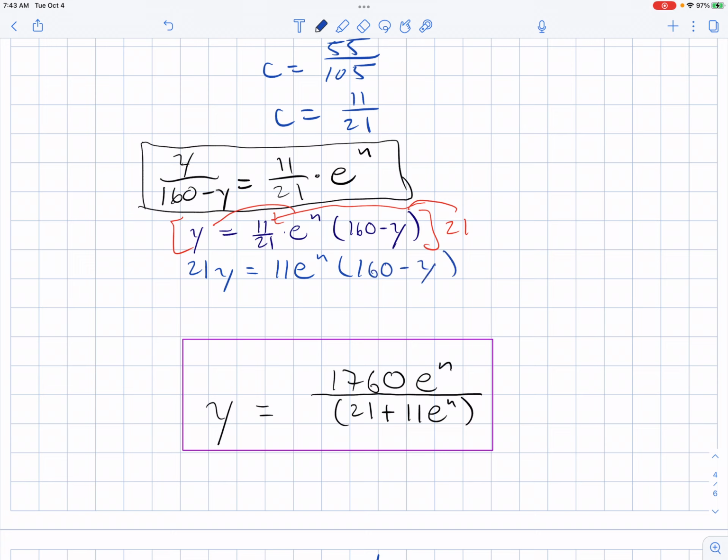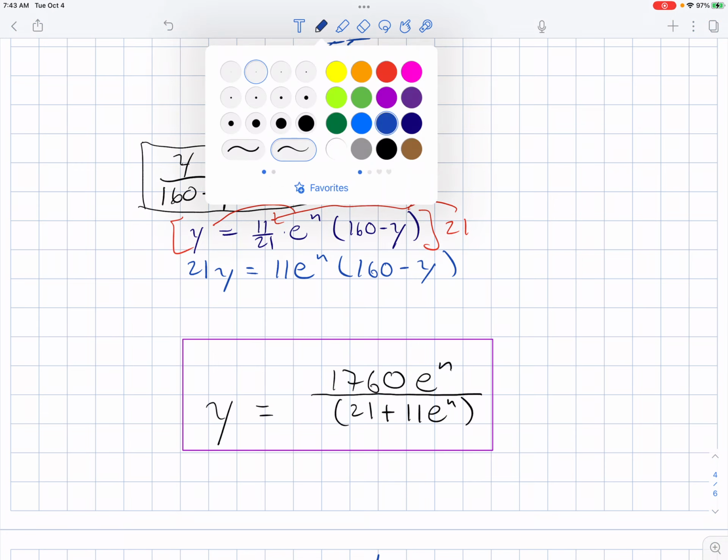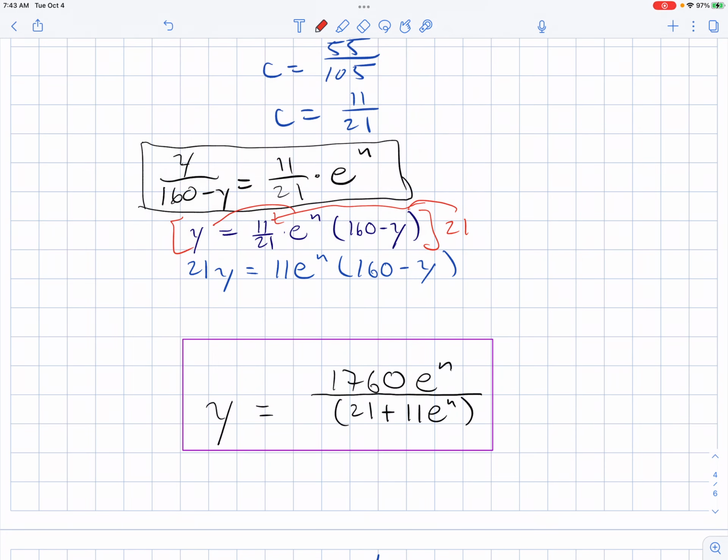And distributing this in there, we get 21y being equal to 1760 e to the n minus 11 e to the n y.